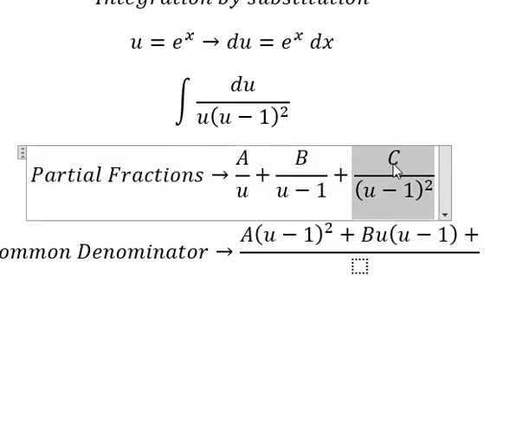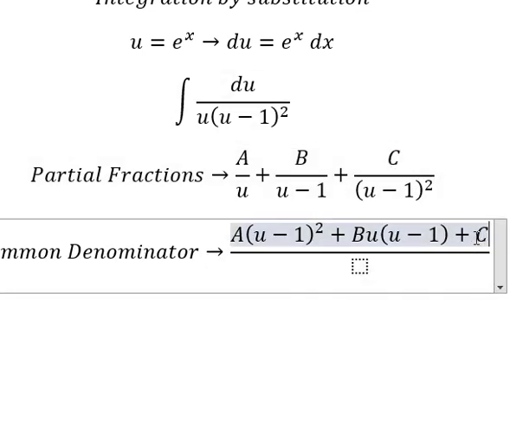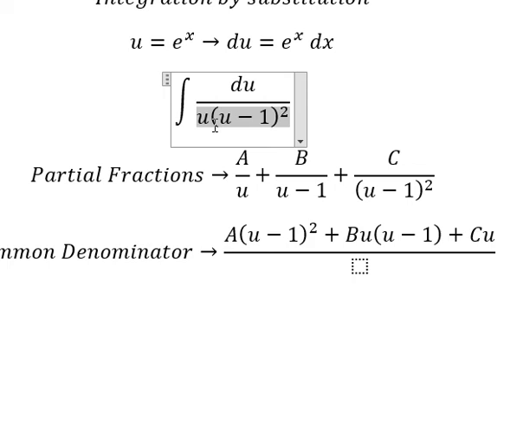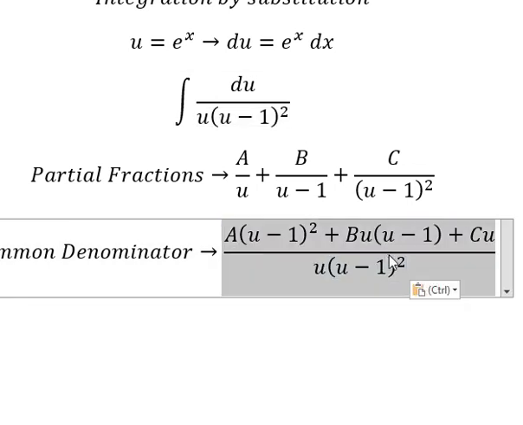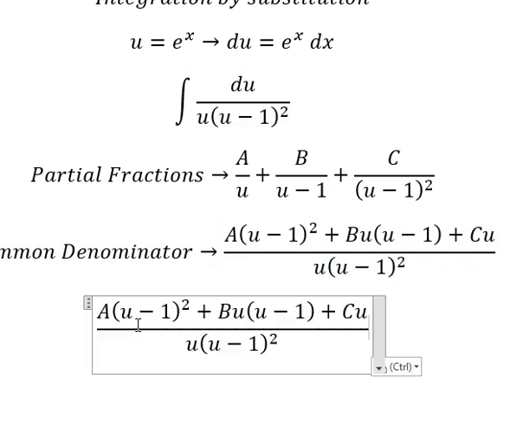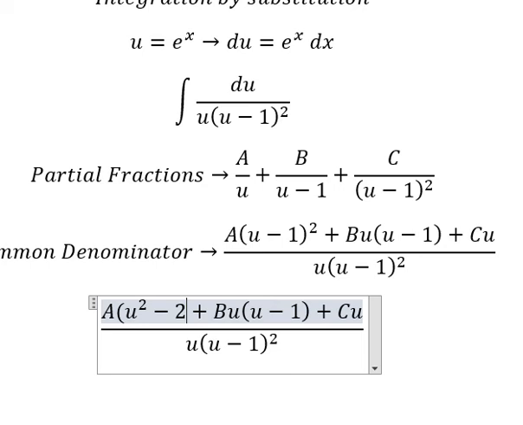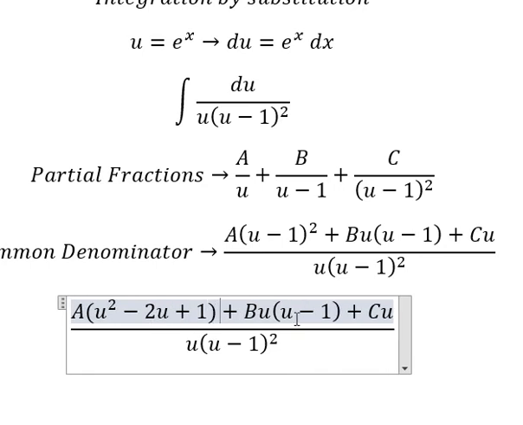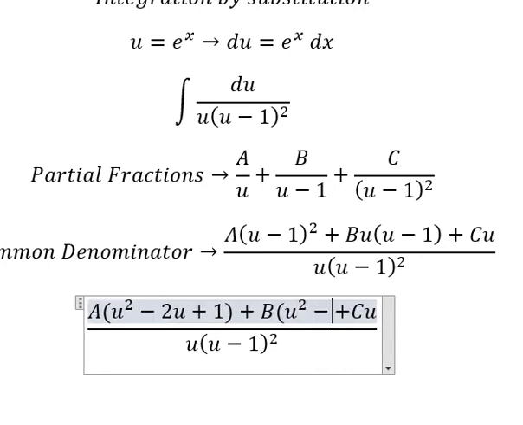This one is missing u. Next, we need to expand this one. This one, we have u squared minus u.